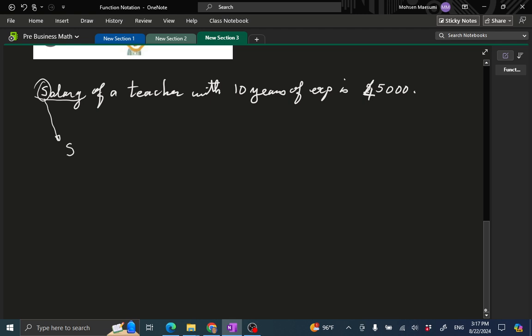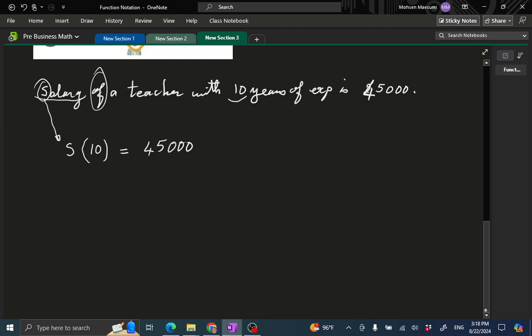The main piece of information that you have here is somebody with 10 years of experience as opposed to somebody with, say, 20 years of experience and so on. Suppose all the other credentials are all the same. So you want to say the salary of a person with 10 years of experience. You write it S of 10 is equal to $45,000.